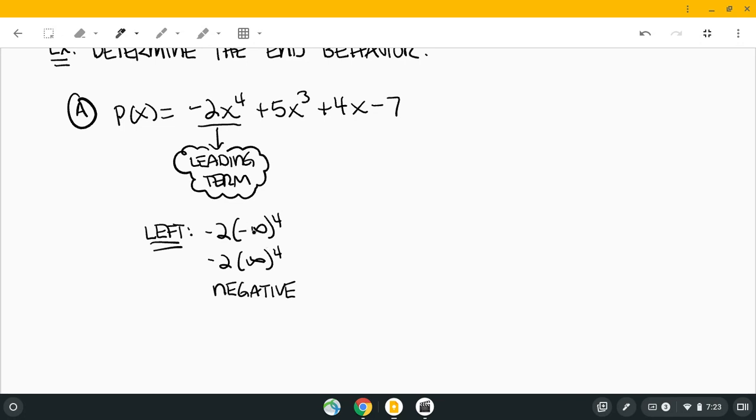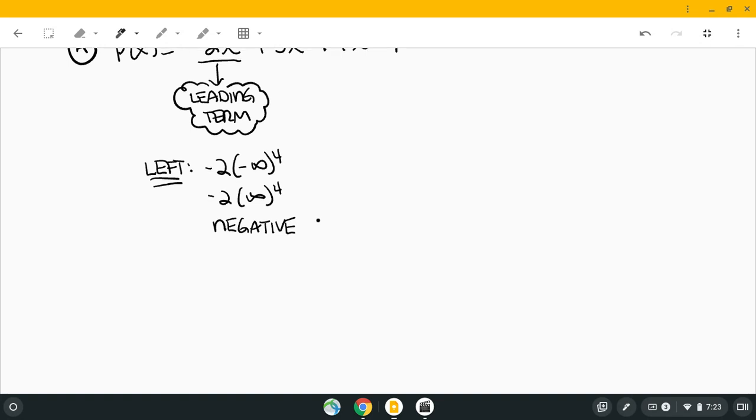When I plug in negative infinity for the left-hand side, negative to the fourth power becomes positive, and then this becomes very large, times negative 2 is negative. So I know what happens on the left. My y values go towards the negative, so it falls, it points downwards. Now I can write it formally as x goes towards negative infinity, my y values go towards negative infinity. Okay.